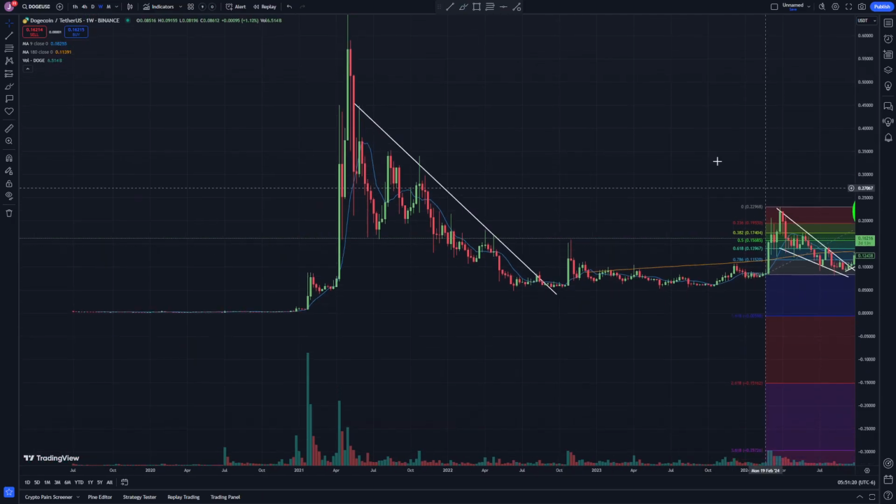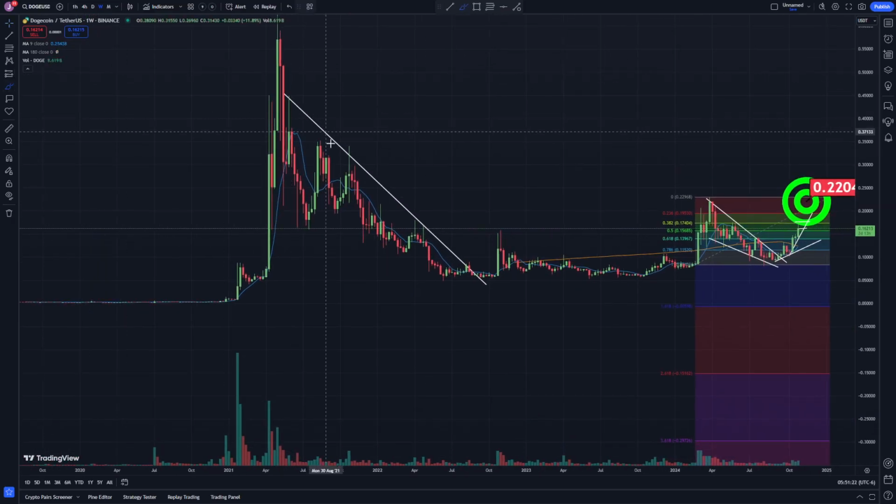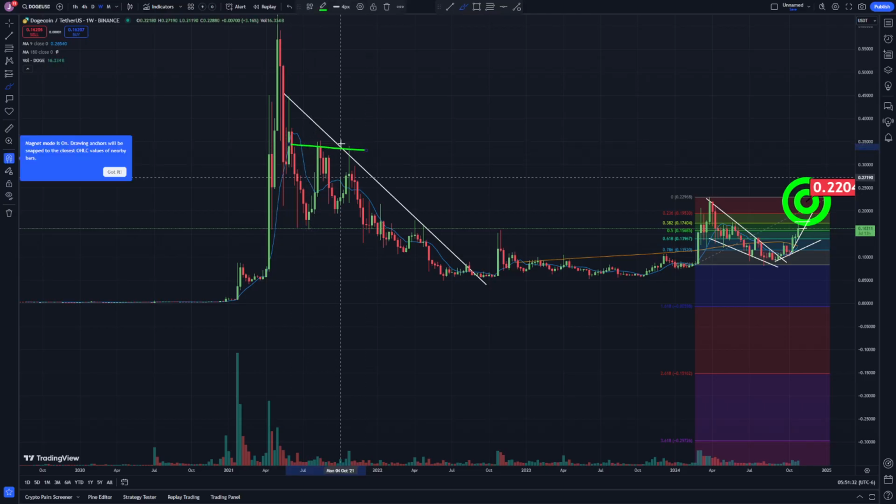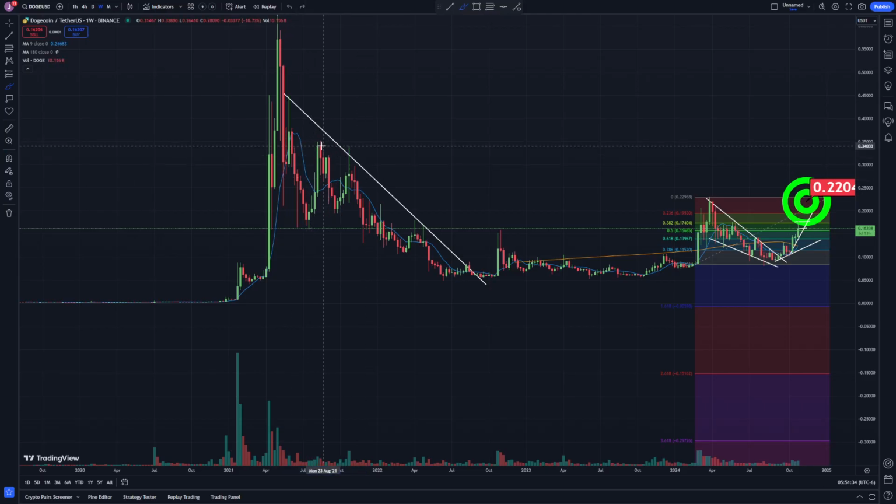I just switched to the weekly time frame again, and we have a resistance right here and a resistance right here. So the next ones would be around .281, and then the one after that would be around .341, .340, somewhere around there. Those are the next spots that I'd be looking at if we could break this top right here, sitting at around .229.